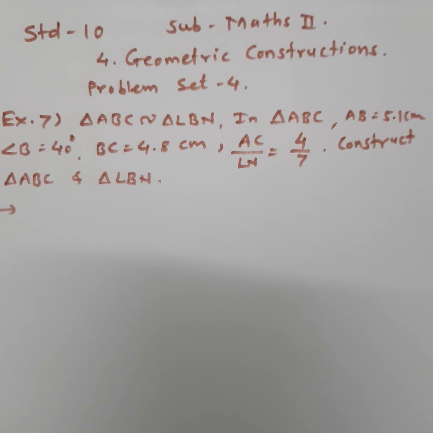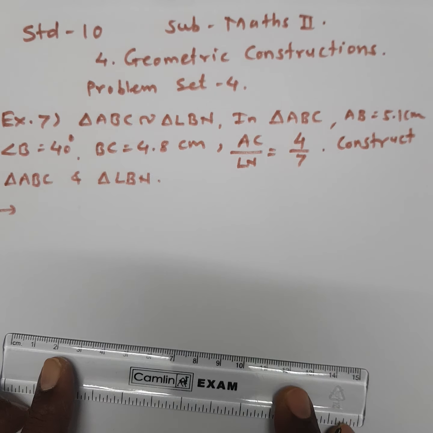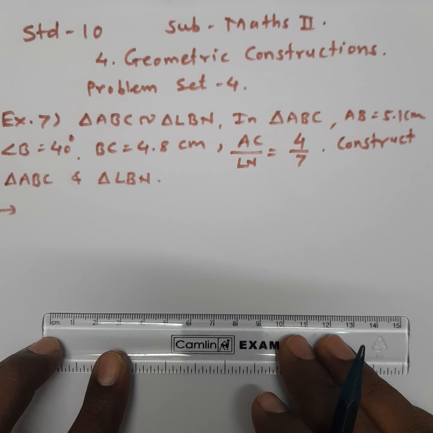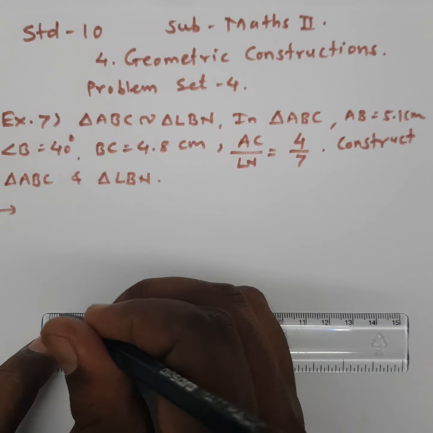First we will construct the rough figure and then we will go towards our final construction. Here first we will draw triangle ABC. In triangle ABC, AB is equal to 5.1 centimeter, angle B is equal to 40 degree. Suppose it is side BC, there is no need to take actual measure here.